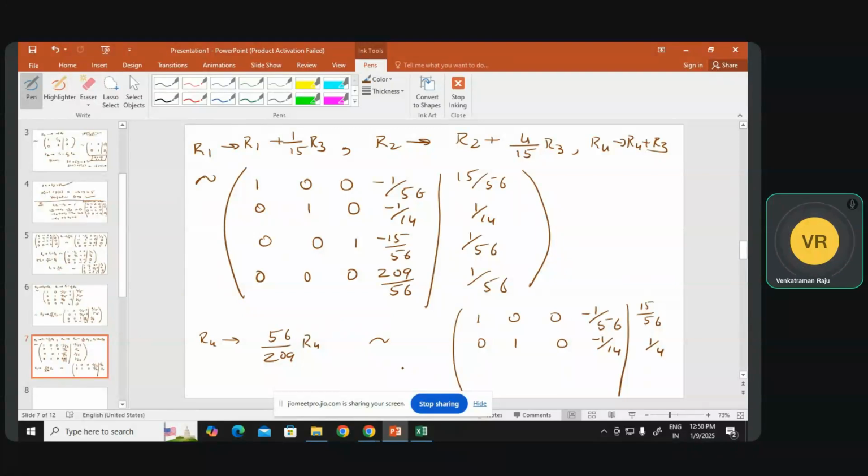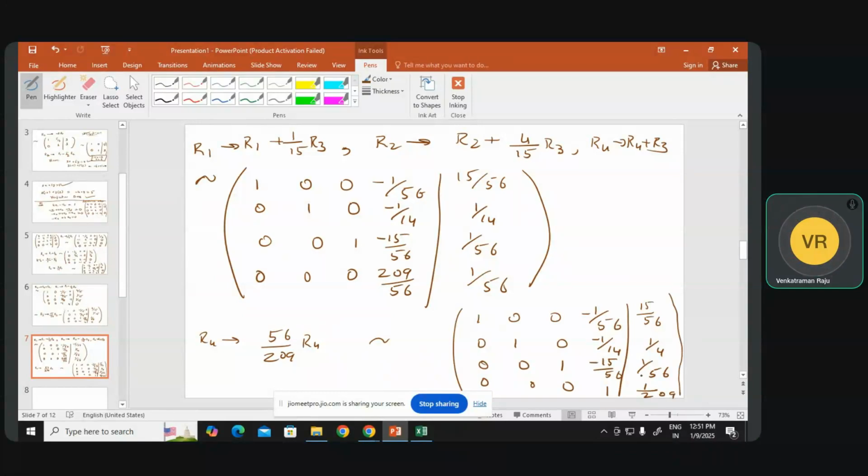Remember, I'm doing it only for the fourth row, so third row is the same. Minus 15 by 56, 1 by 56. Here comes a change, 0, 0, 0, 1. And here the 56 gets cancelled. Yeah, and what remains is 1 by 209.